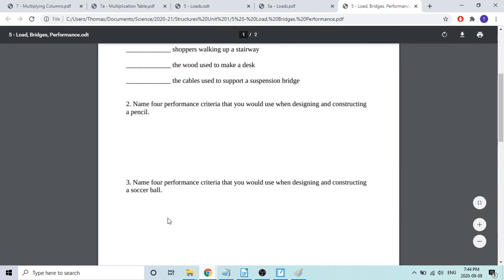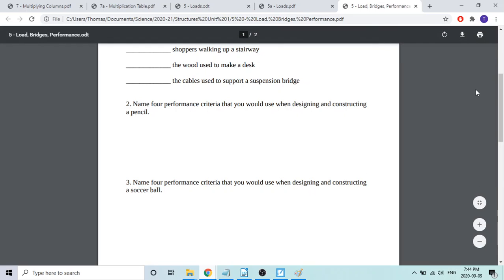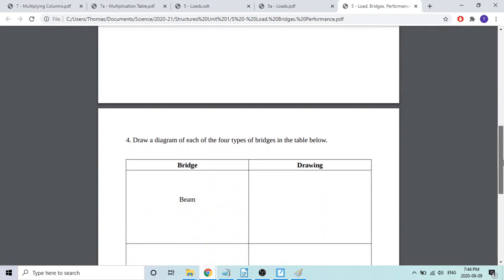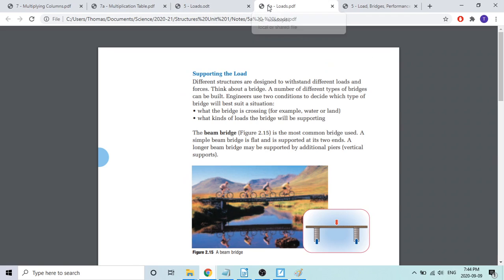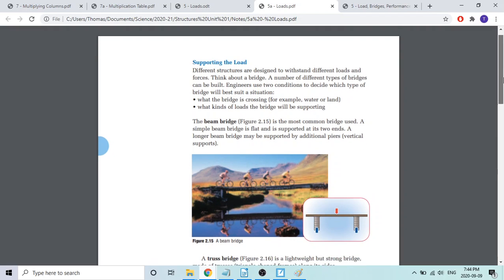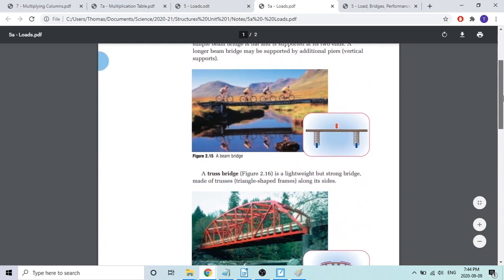The next two, you're going to name me 4 performance criteria. So 4 loads that a pencil should withstand without breaking, and a soccer ball needs to withstand without breaking. Try to come up with 4 for each. The last one, you're going to go through these pages which are attached in your package, and you're going to read about these four different types of bridges.